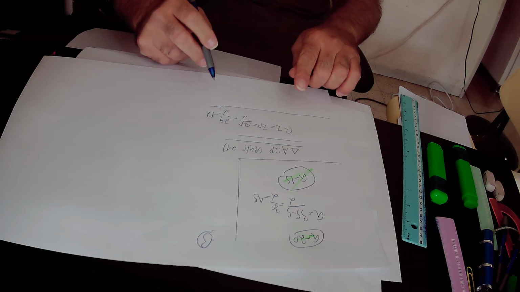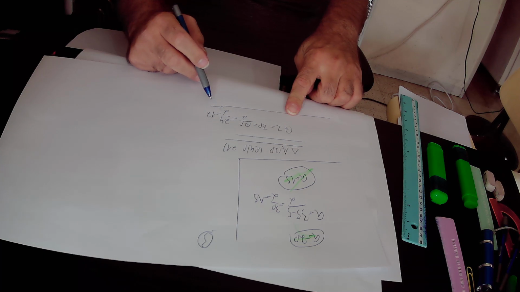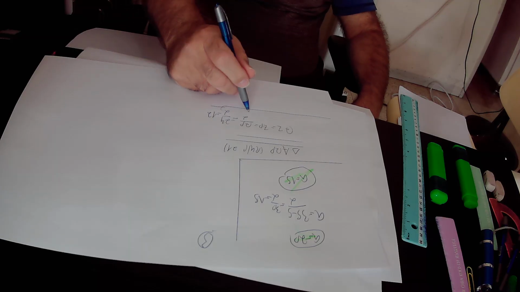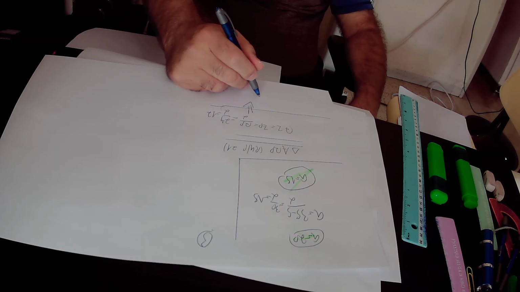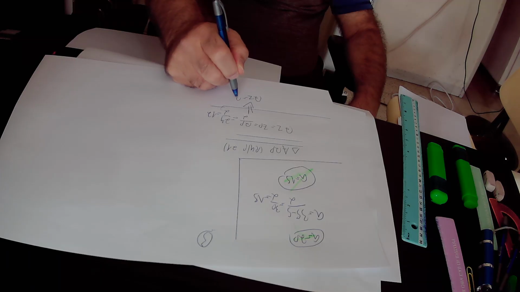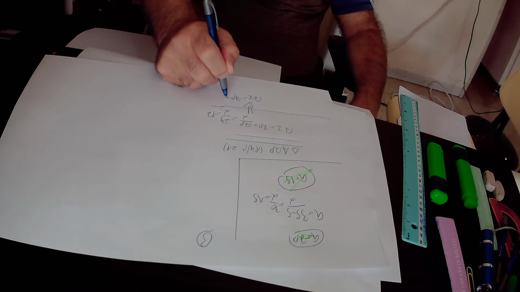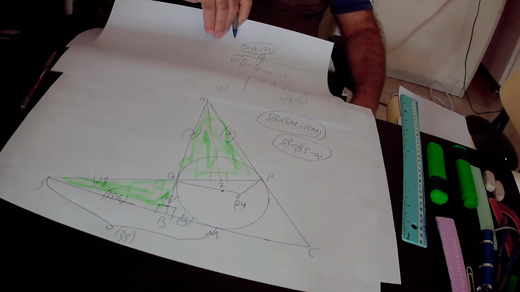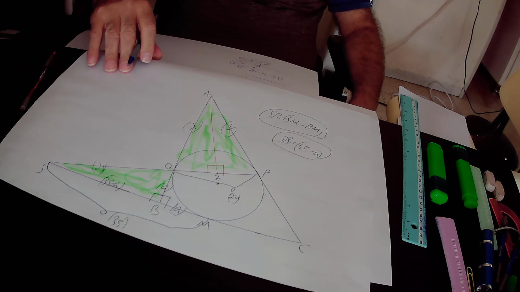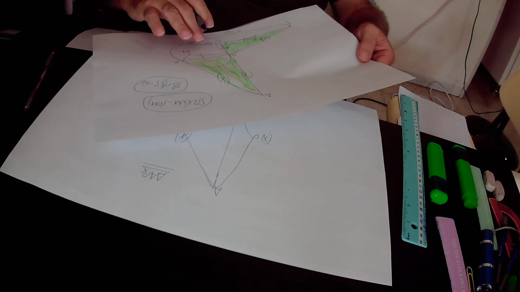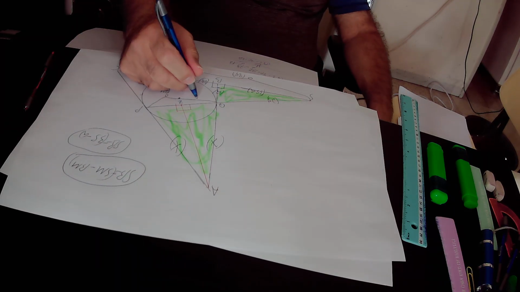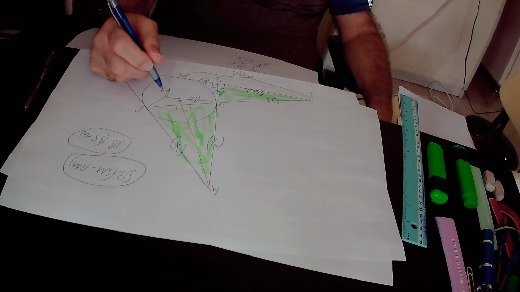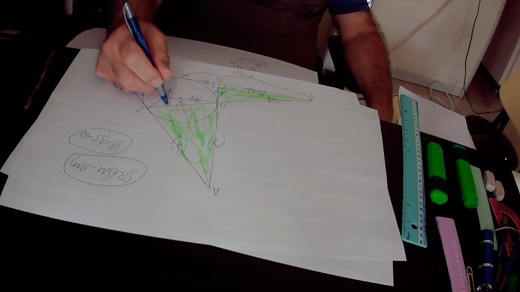And from this equation, we derive that QZ equals ZP equals 12.